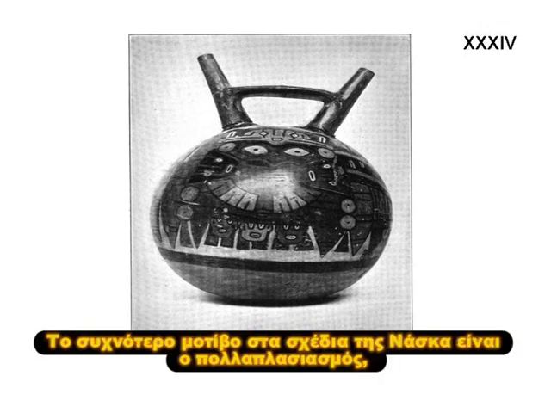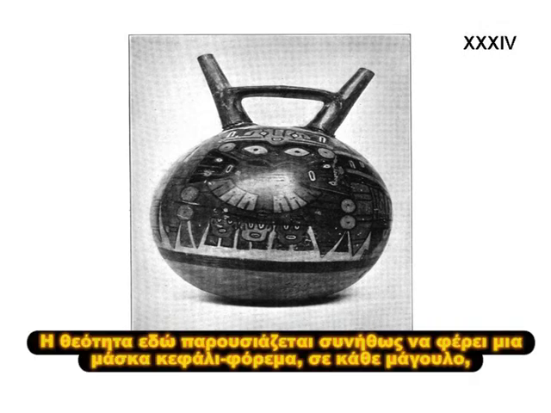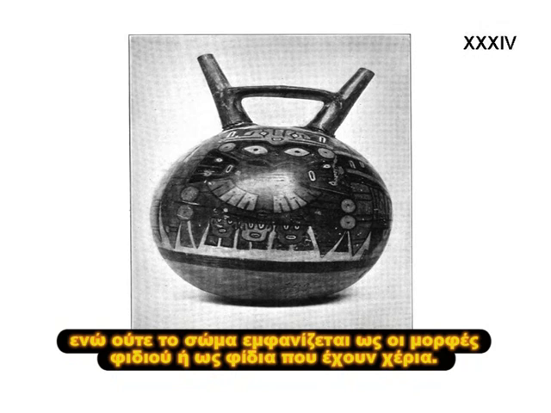The commonest motive in Nazca designs is the multiplication, in grotesque forms, of human masks. The deity here represented is commonly shown with a mask headdress, masks upon either cheek, with a girdle of masks or trophy heads, and with masks elsewhere, while either the body is shown as serpentiform or serpent-like wands are wielded by the hands.